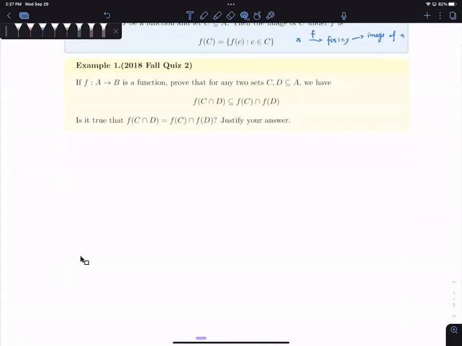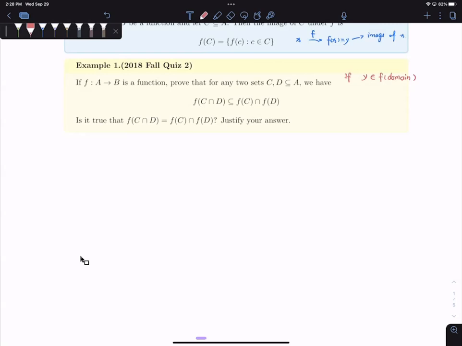Example 1. Before I do this, I wanna tell you what it means if y is in the image of a function. The image of a function is f of the domain, okay? So what does it mean for y to be in the image? It means this guy is dating a girl. So there exists a girl in the domain who's dating this guy.